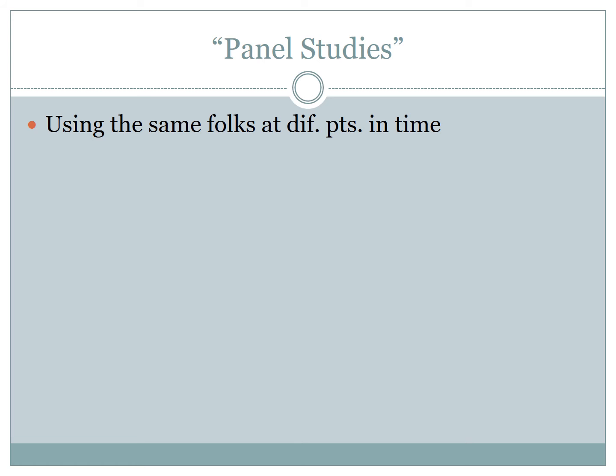Let's talk about panel studies, where we're using people and taking measures at different points in time. And the most familiar probably to you is if you're part of a Nielsen family. Now, the Nielsen family was the way to collect data for particularly television use in households in the United States.